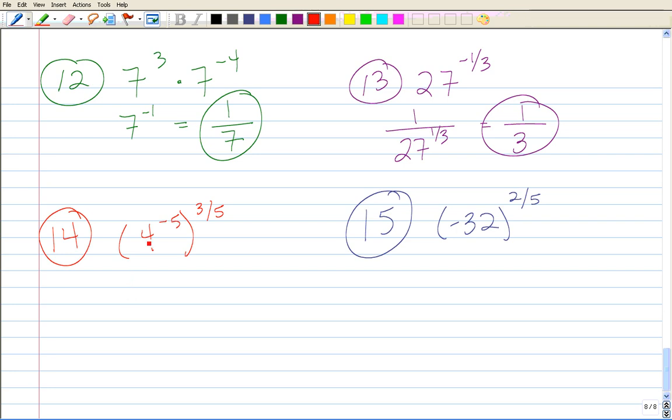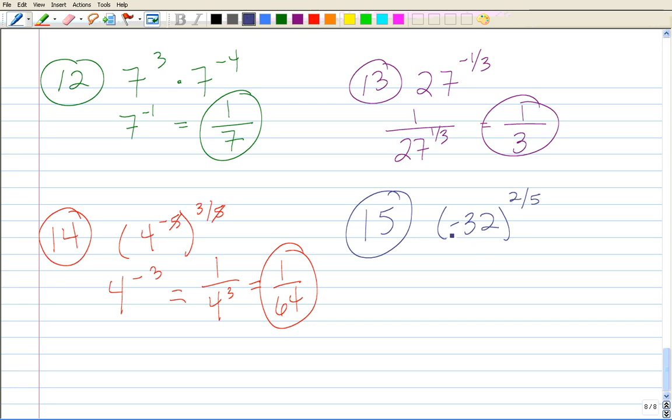Number 14, we have 4 to the negative 5th power times 3/5, or I'm sorry, to the power of 3/5. But when we have an exponent to an exponent, we multiply. So the 5's cancel. So what we have now is 4 to the negative 3. Don't like those negative exponents, so we have 1 over 4 cubed, and 4 cubed is 64. There's our answer.